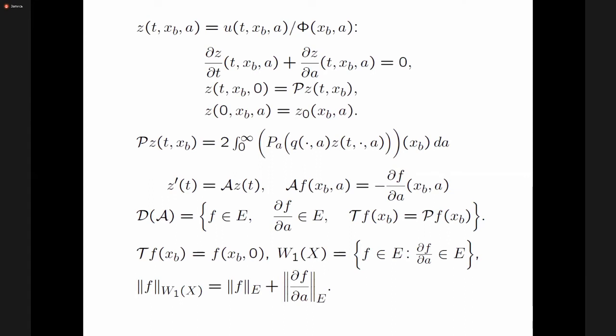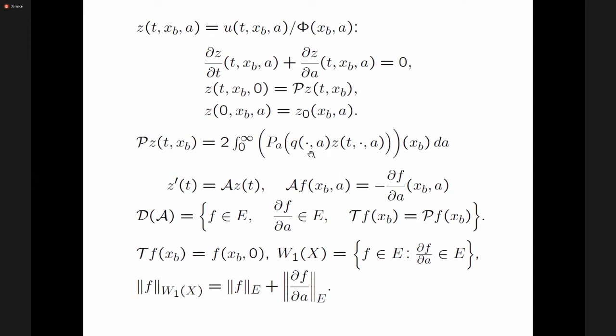Now I would like to say something about the proof of this result. First of all, I have made a very simple substitution. z is u over phi, and then we obtain a system very similar to the previous one, but it has two differences. On the right-hand side, we have 0, but more important for us is that we have q here, not p. And why do we want to have such a thing? Because p is not bounded, but q is bounded.